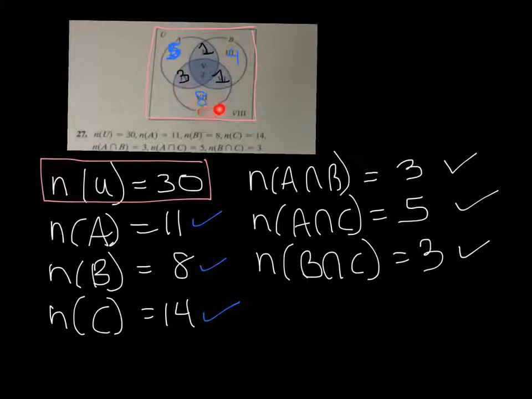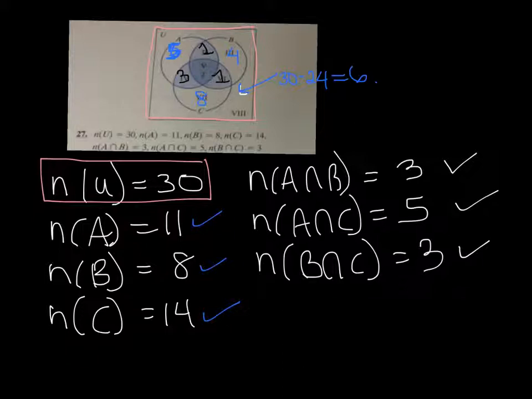All of this adds up to 24, and we have 30 elements, so it's 30 minus 24. So there are 6 elements outside of A union B union C.